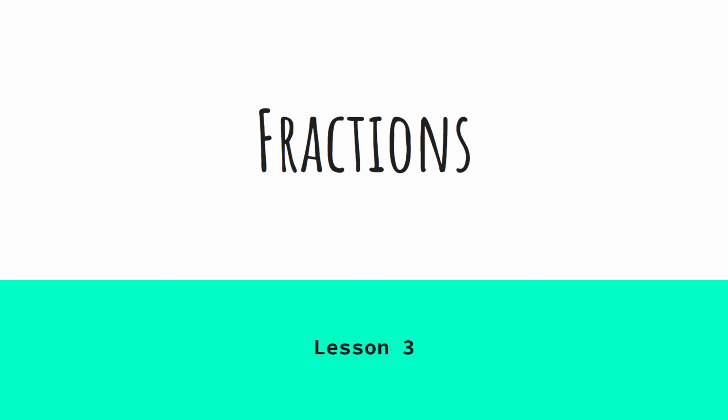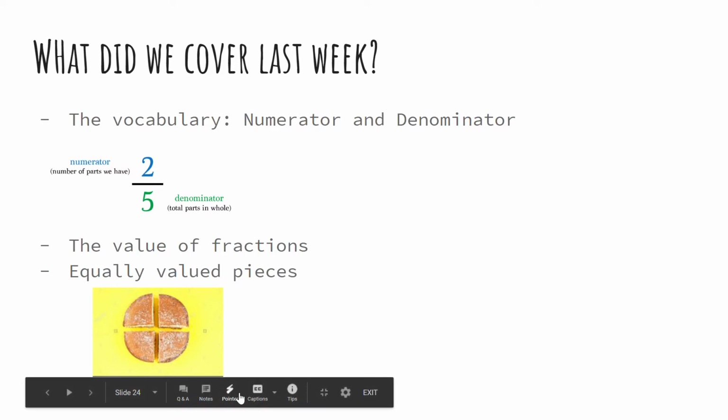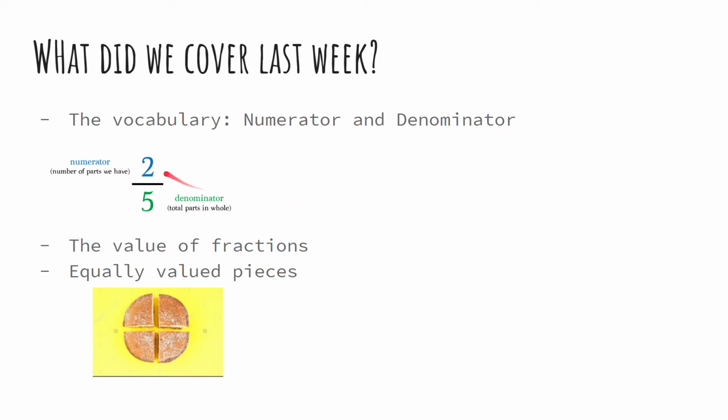So we're just going to start today off looking at what we covered last week. Last week was kind of a big week with what we were learning in math. Vocabulary wise, we learned what a numerator and what a denominator is. That's these two guys here. The numerator is the top number.